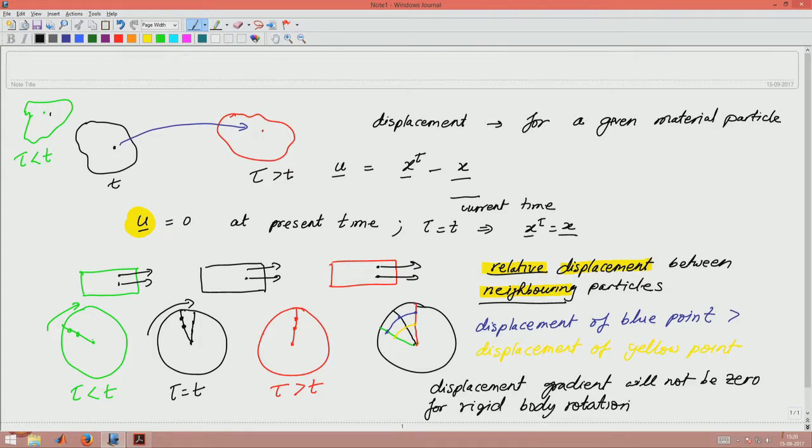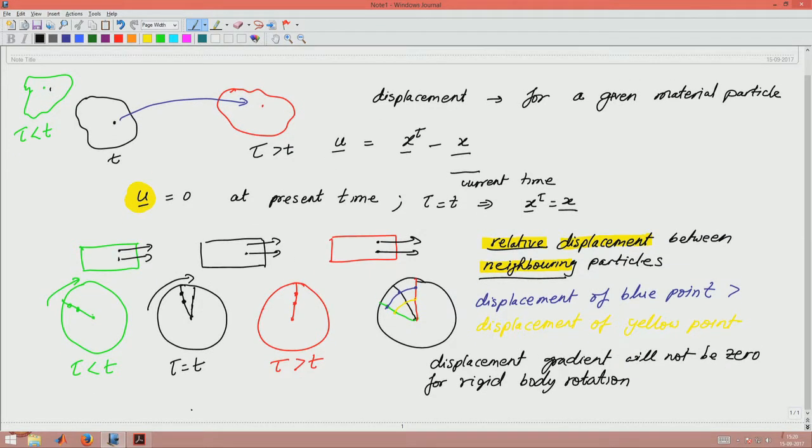However, we saw that displacement gradient is 0 for rigid body translation.